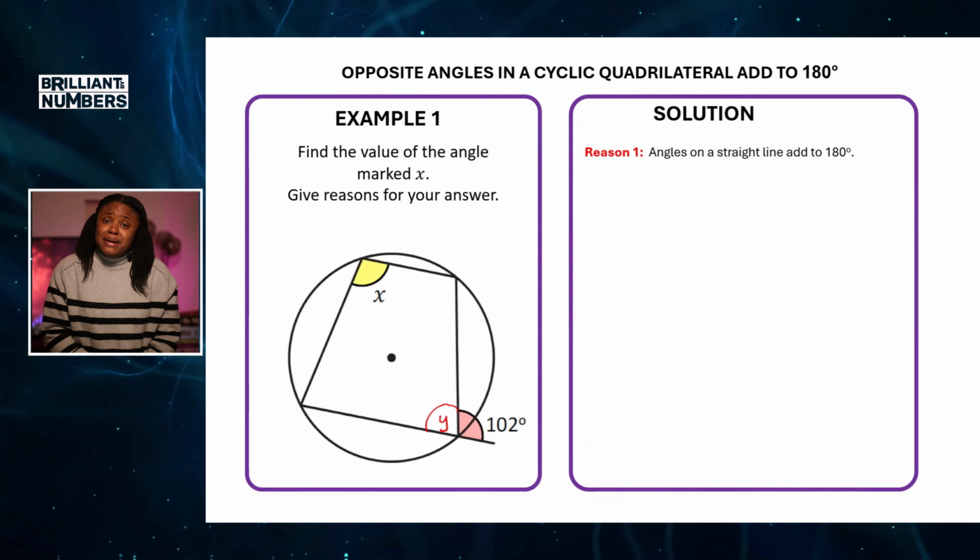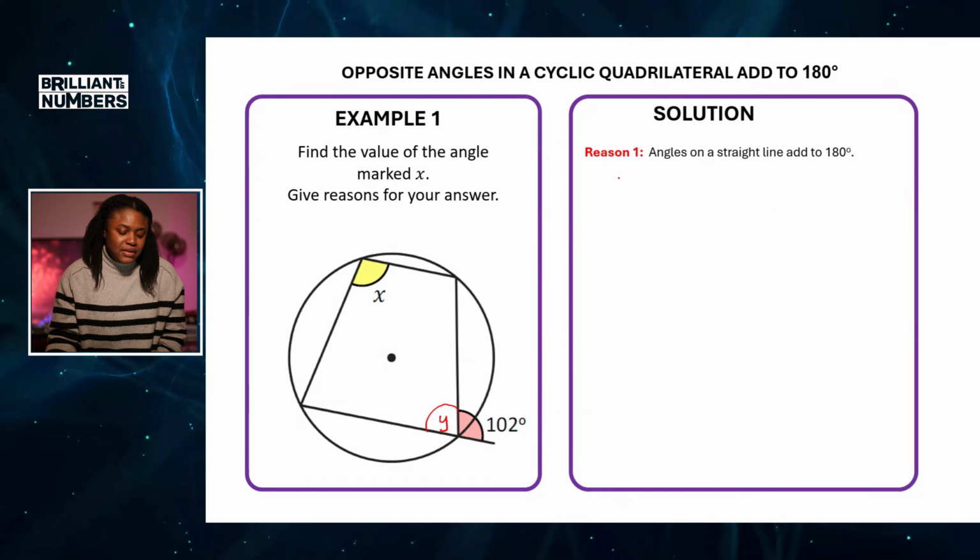Then I'm going to write my equation. Remember, for your first method mark, your examiner needs to see your line of thinking. The best way to do that is to write an equation that links the angle within the quadrilateral and the one that's on the outside. So I'm just going to go ahead and do that.